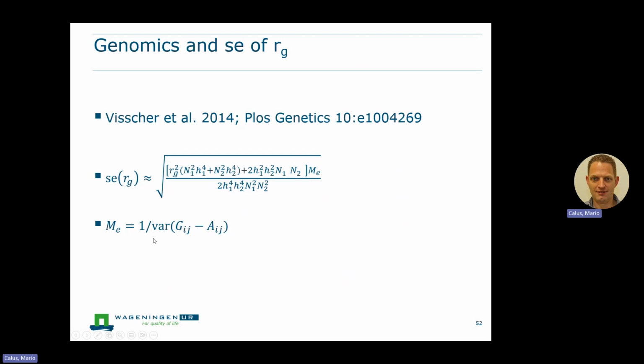And that can be computed as one of the variants of difference between genomic and pedigree-based relationships. So the idea is if there's a lot of variation in relationships, then this ME is actually relatively small. So more variation would be useful here.